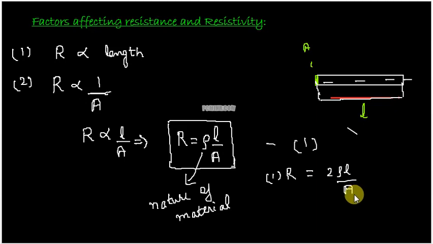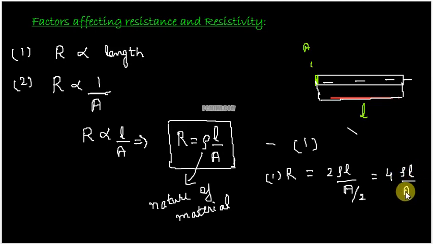But in case I stretch a wire to double the length, that means I'm thinning out the wire, so the wire would become thinner and the length will become double, so the area at the same time would also become half. So in that case, the resistance will not just become double, it would become 4 times the original resistance.